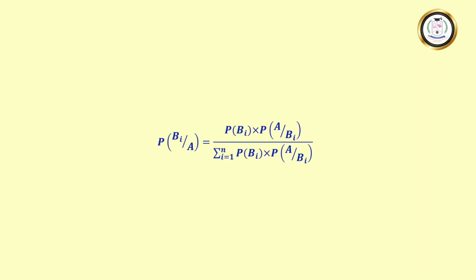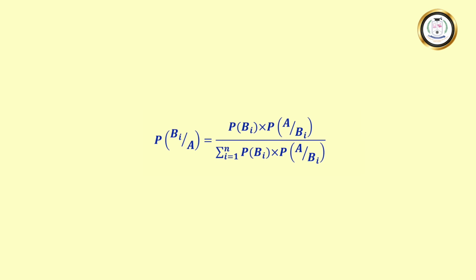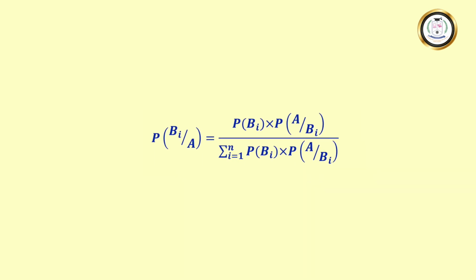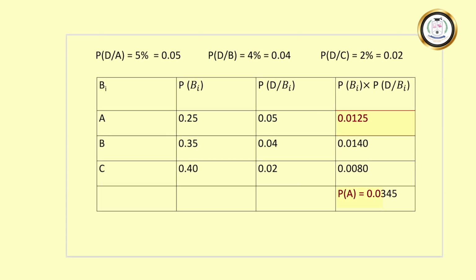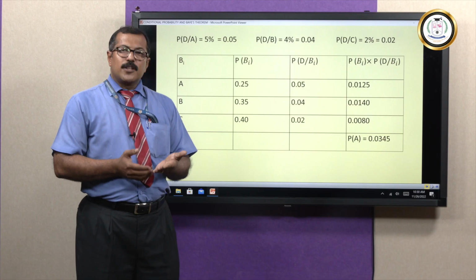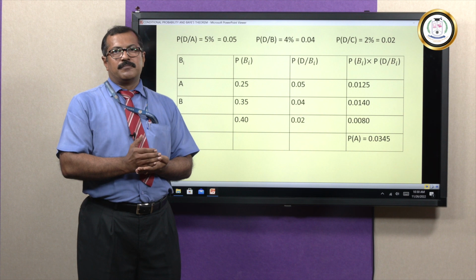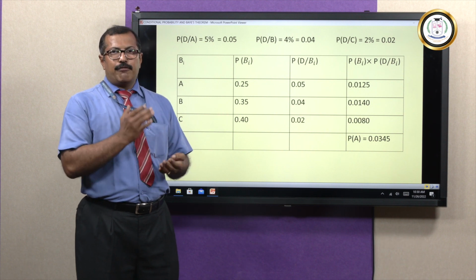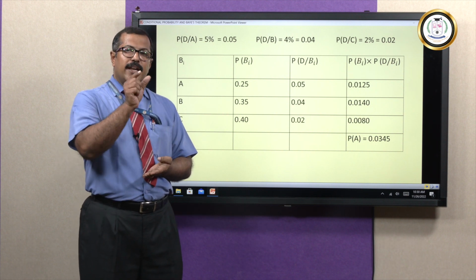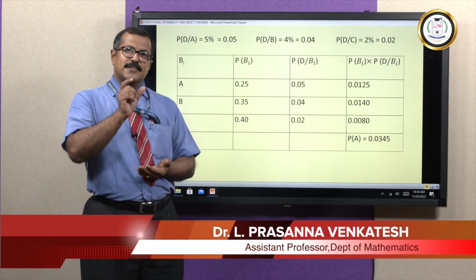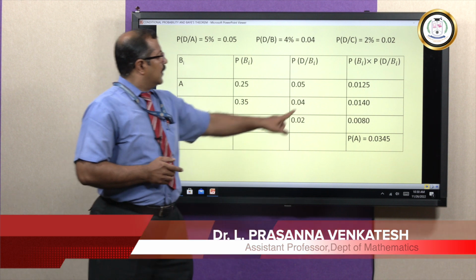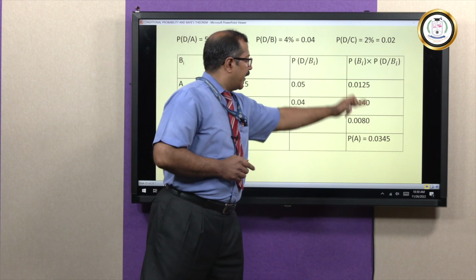P of A we get as 0.0345. By Bayes' theorem, the probability of A given it is defective will be 0.0125 divided by 0.0345, because for P of Bi given A, we have the formula. That formula states that it is P of Bi into P of A given Bi divided by the summation, and that is this particular value divided by the total.